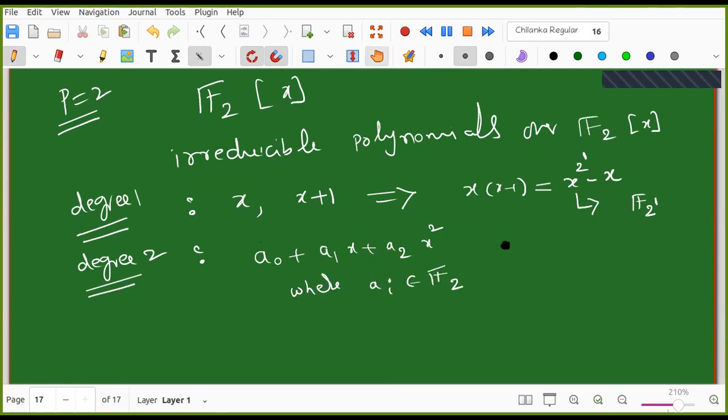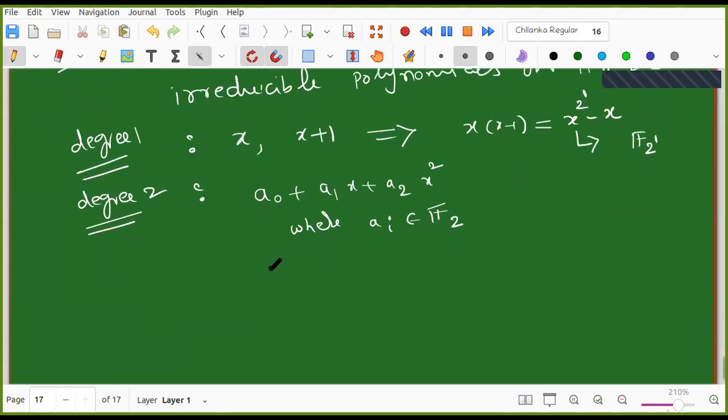Correct. First write down all the polynomials, so it will be, you are correct, your answer is correct, but let us write down all the polynomials of degree 2. So a2 has to be 1.